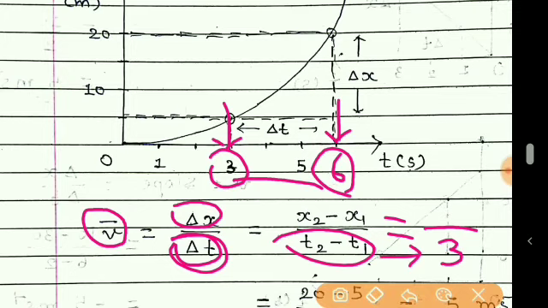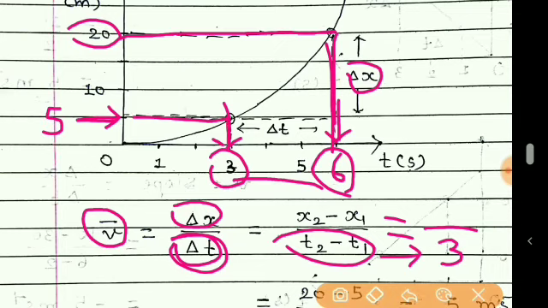Now what is delta x here in this case? So this is the final position at time t equal to 6 seconds, and this is the initial position, which will be 5 at time t equal to 3 seconds.